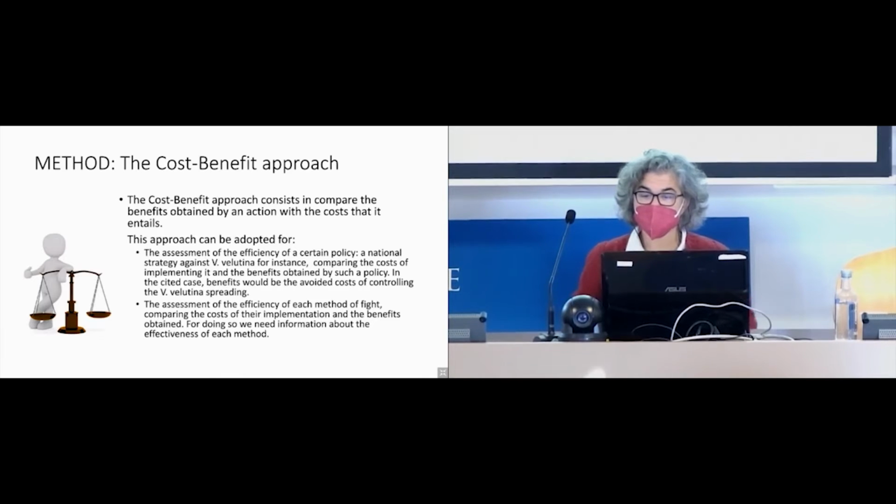And this approach can be adopted, for example, for the assessment of the efficiency of a certain policy. For instance, a national strategy against Vespa, comparing the costs of implementing the different measures and the benefits obtained.